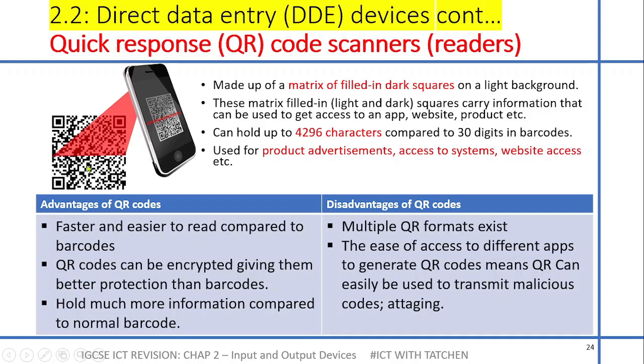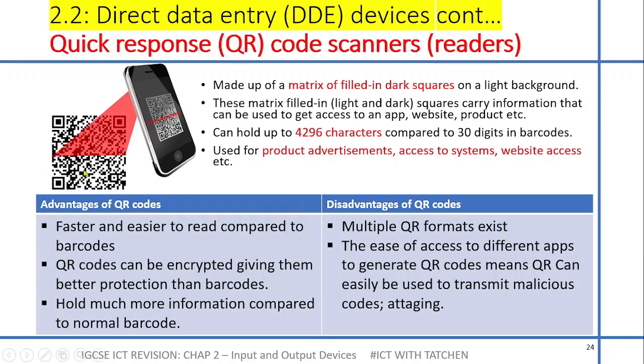If you look at it, you see that you have black and dark areas which all carry information that can be used to get access to applications, websites, products, and whatnot.